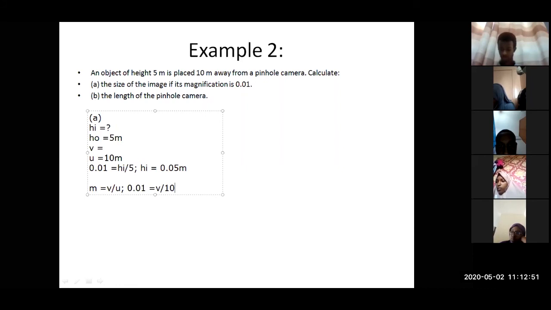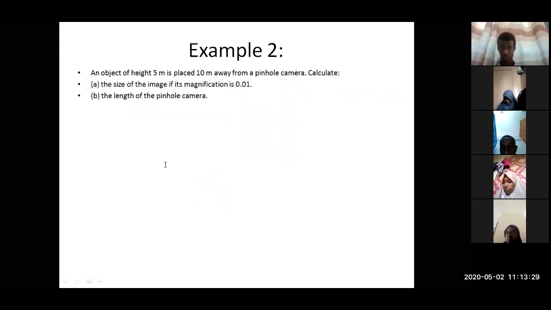U is the 10, which is in meters. So that means our image distance v is going to be 10 multiplied by 0.01. I've seen most of you got 0.1. Yeah, that's very good. That's very right. Most of you got it right. Okay, that's nice.